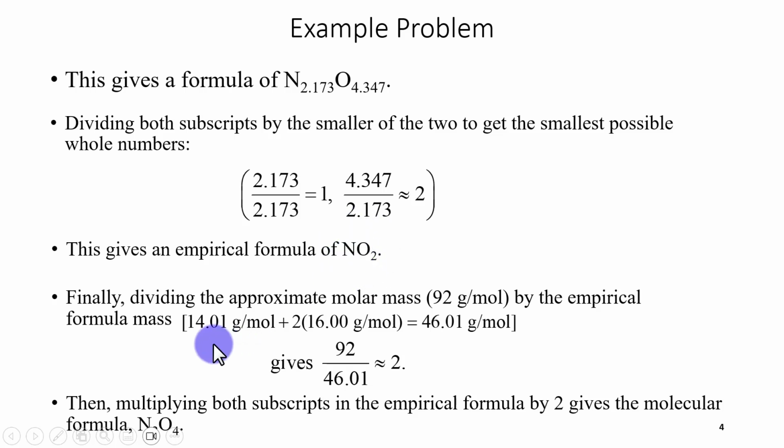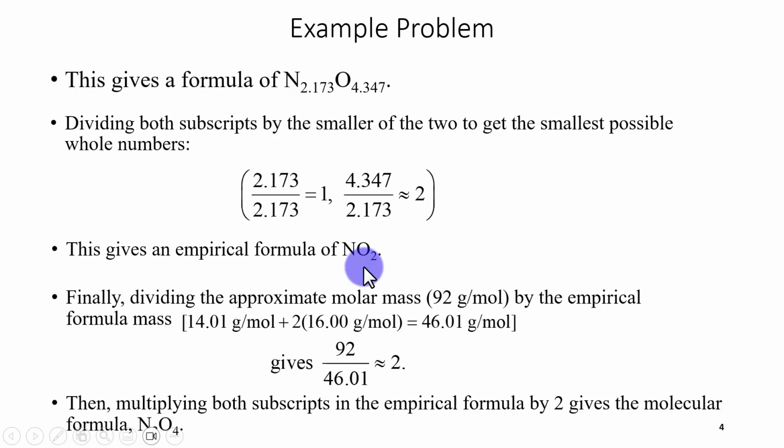Well, 1 nitrogen is 14.01 grams per mole, but I have 2 oxygens, so I add the mass of oxygen, but I have 2 of those, each weighing 16 grams per mole. This gives me 32 plus 14.01, a mass of 46.01 grams per mole. That is the mass of the empirical formula that I just calculated.